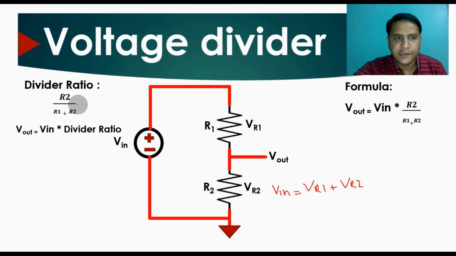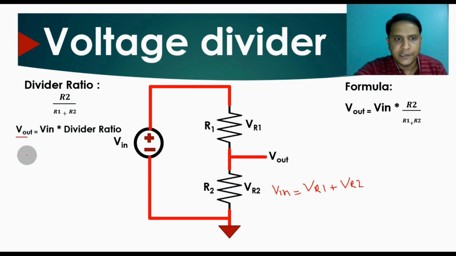Let us say the divider ratio for V out equals R2 divided by R1 plus R2. Once you get the divider ratio, to find the V out value, that means the voltage drop across resistance R2, equals V in times the divider ratio. So this is the first method.